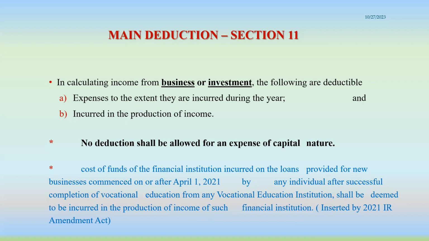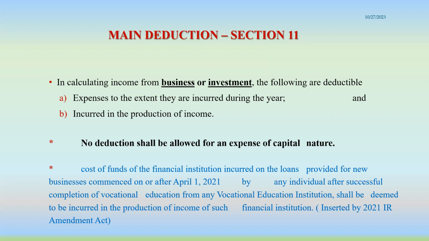So this is an expenditure, this is a cost of funds of the financial institutions. This kind of expenditure is incurred as a loan. That loan is provided for a new business commenced on or after April 1st, 2021 by any individual.